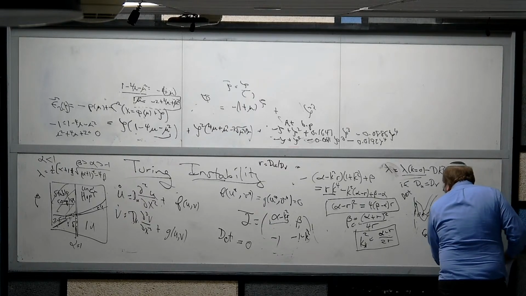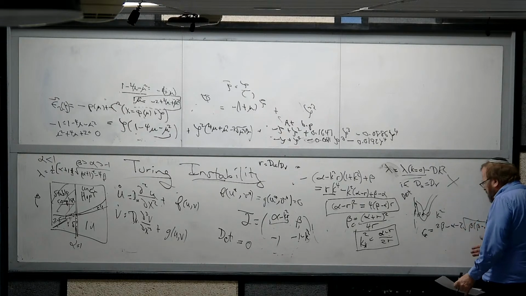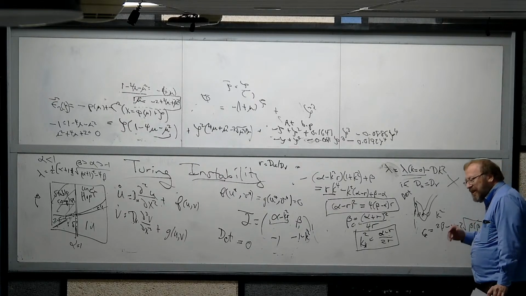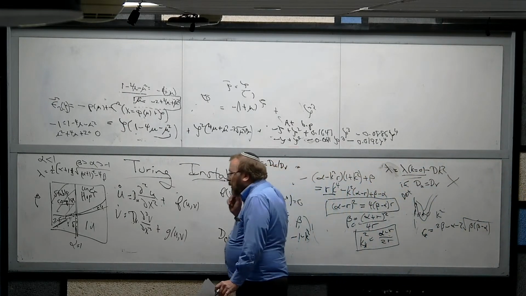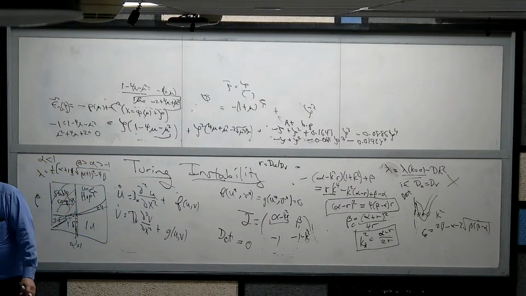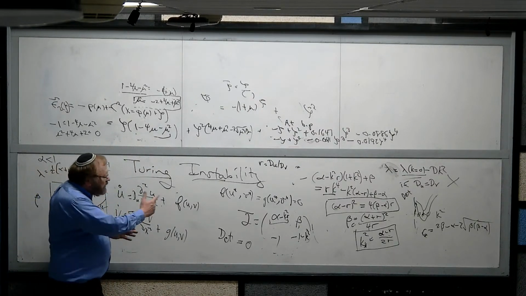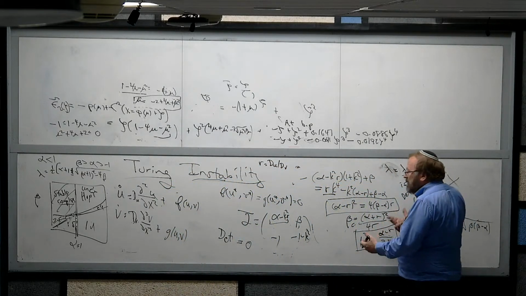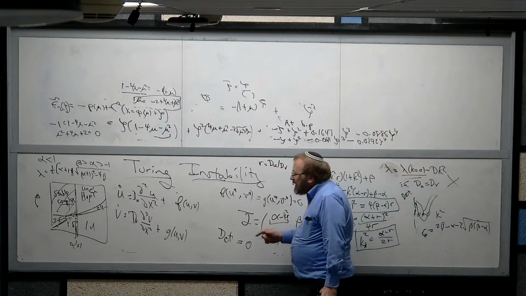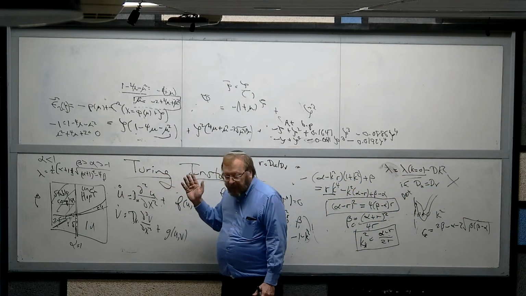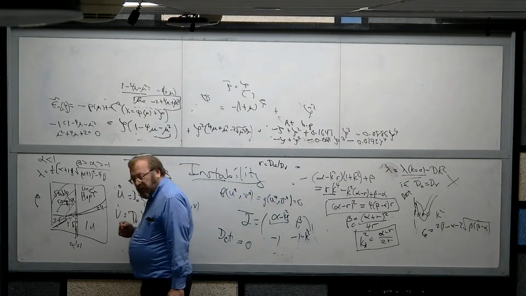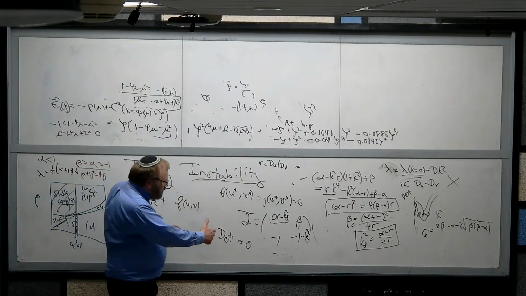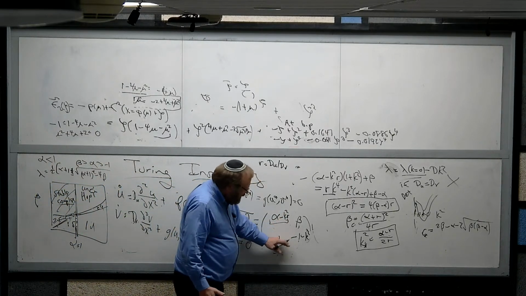All right? It's hard to see that that happens to be less than 1, but you can prove that that's true. Okay. So the idea is that if R is sufficiently small and beta is sufficiently big, you can have an instability. That was the point of Turing's paper, and that is called a Turing instability. So you write down any set of equations which have a stable state, right?